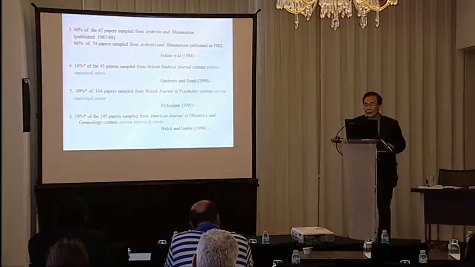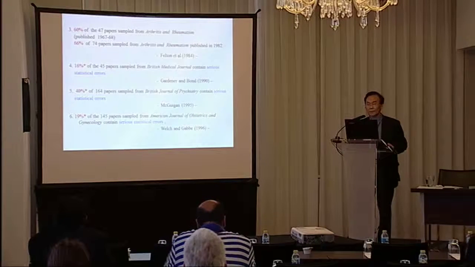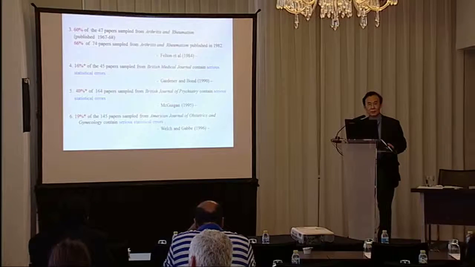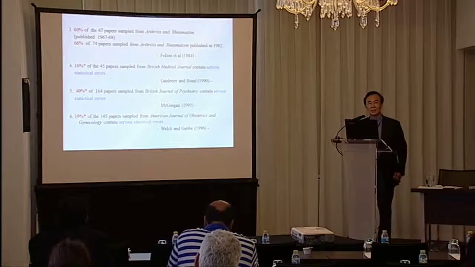In 1990, Gardner and Bond took 45 papers from the British Medical Journal, and they found that 16% of those papers contained rather serious statistical mistakes. In their paper, they did not state what constitutes serious statistical errors.